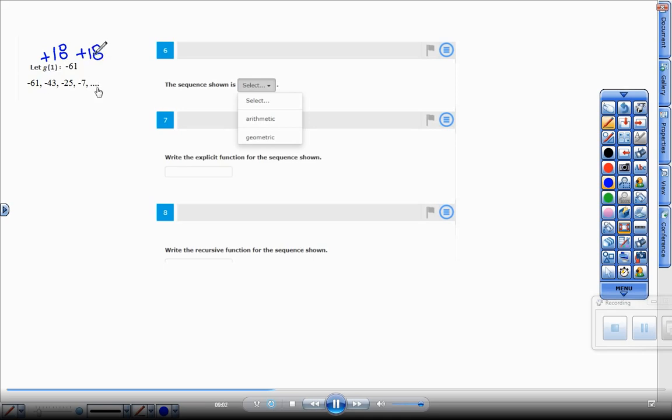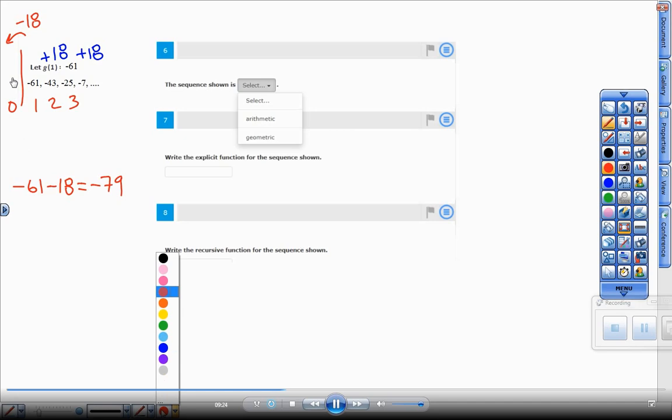I know it's a little tricky with negative numbers, but negative 61 plus 18 whittles it down to negative 43. To find that zero term, subtract 18, and then know that negative 61 take away 18, you get even more negatives. You get negative 79 out of that. So the zero term is negative 79.